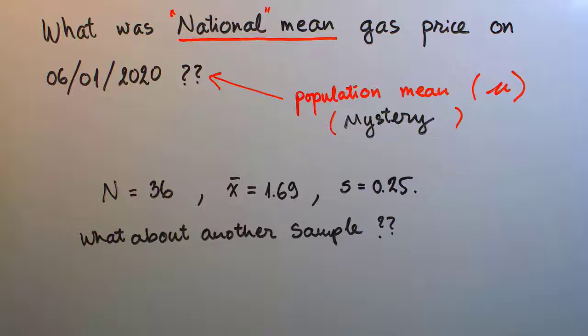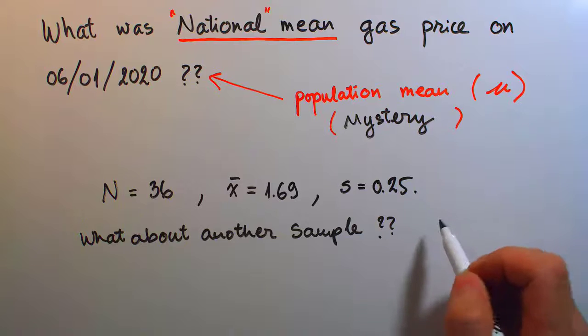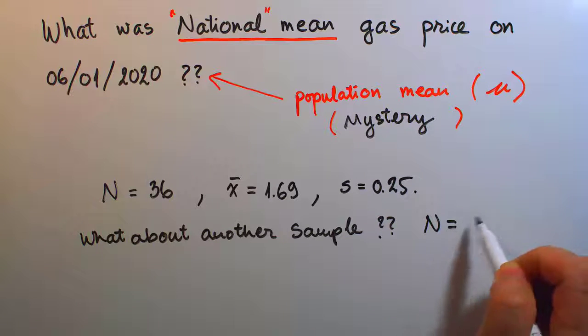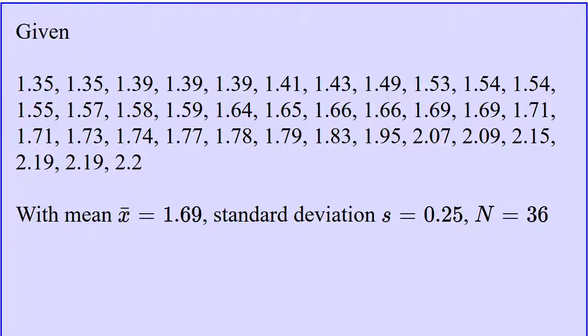But now, when I mean another sample, let's set a rule for ourselves here. Let's stay with 36 prices again. So I'm going to make my computer search for another 36 prices. So here, quickly observe my data collection.